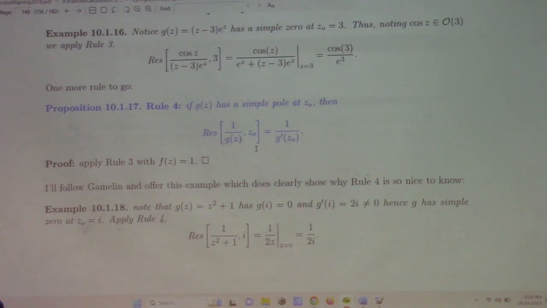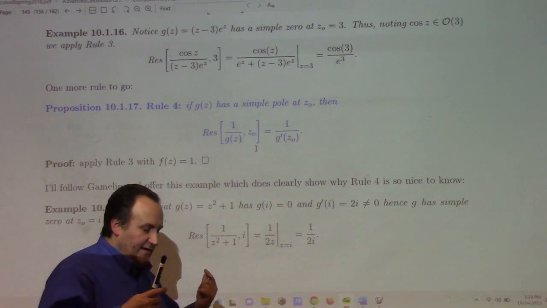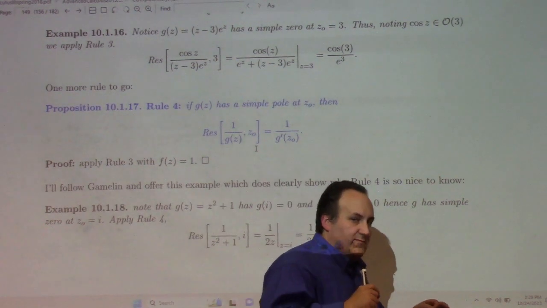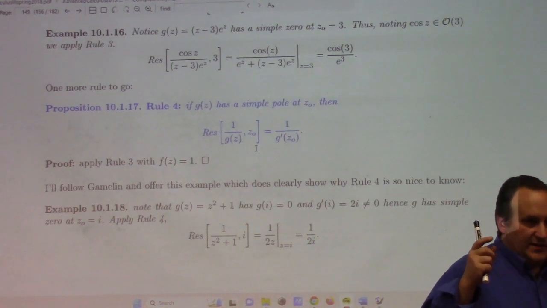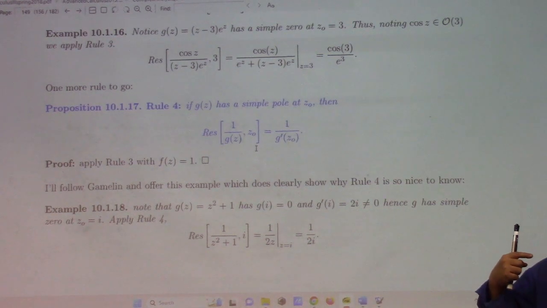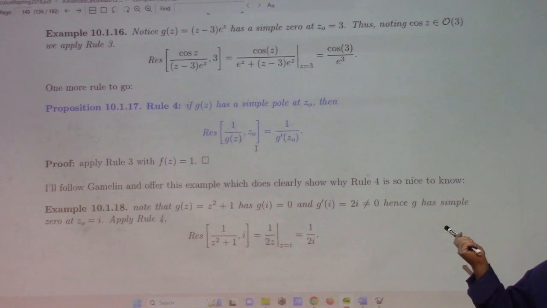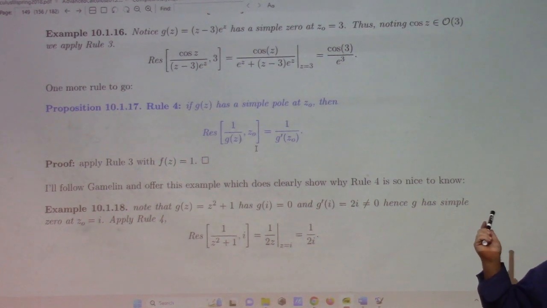There's another way to look at this, though, you see. If we know that partial fractions decomposition has coefficients which are given by residues, we can turn this around. We can calculate partial fractions by the rules. You can actually use the rules to set up partial fraction decompositions.